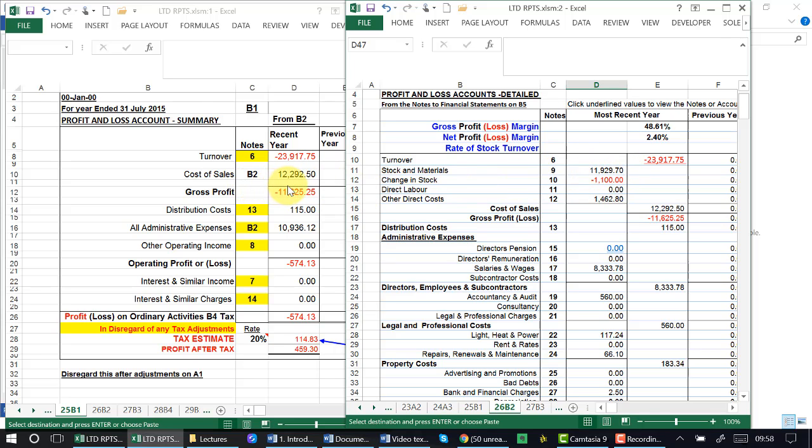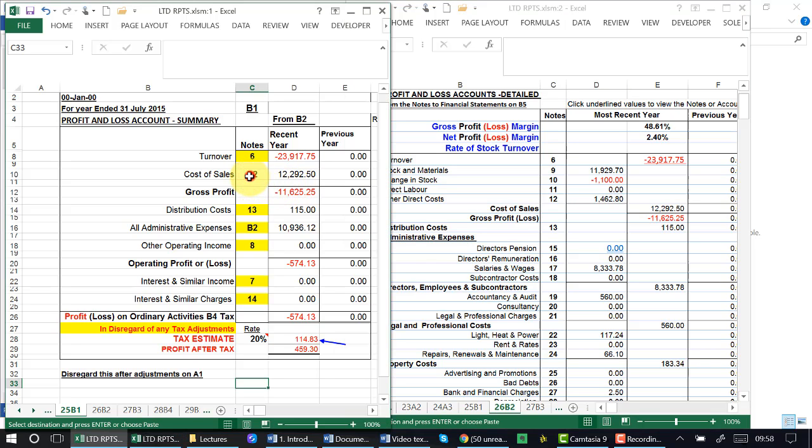Now cost of sales. Cost of sales is a sum of nodes 9 to 12. Actually, we can replace that with 9 to 12.